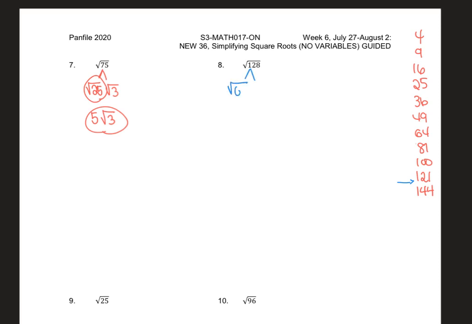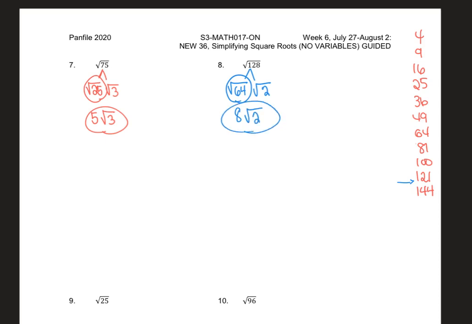And when I divide 64 into 128, or 128 divided by 64, I get 2. So I have root 64, root 2. Root 64 turns into an 8. So my answer is 8 root 2.